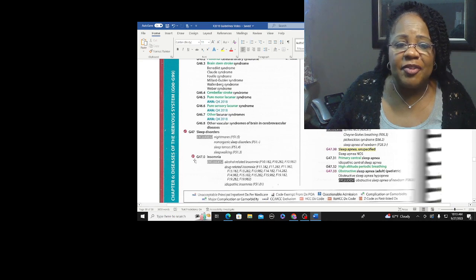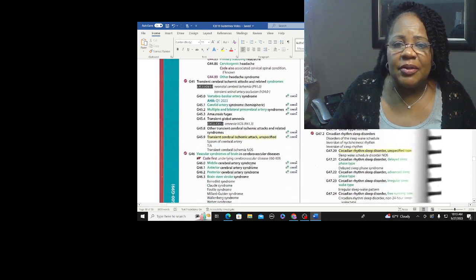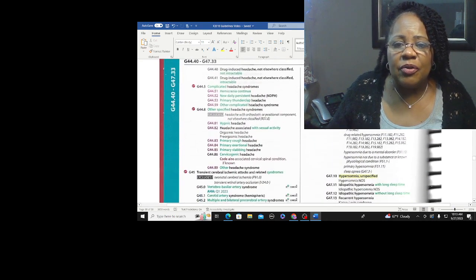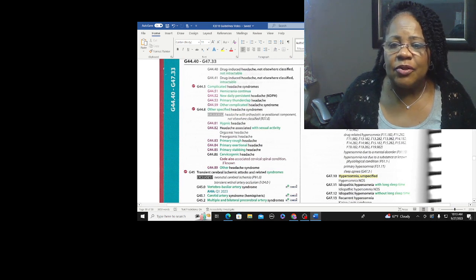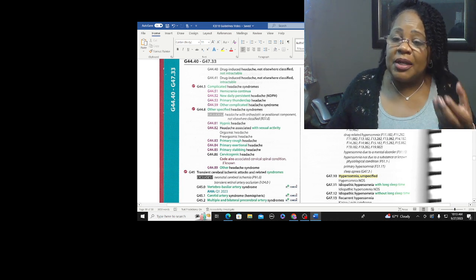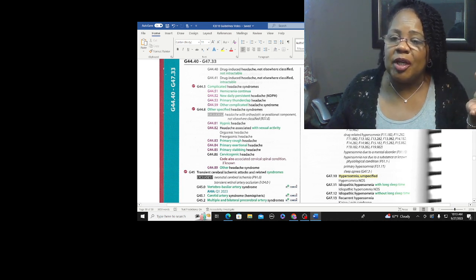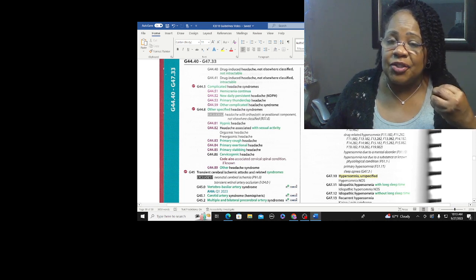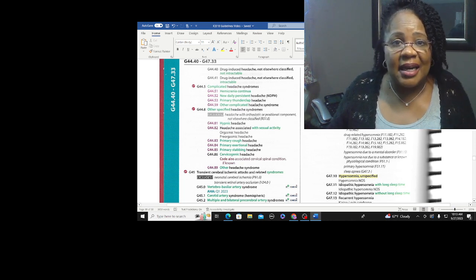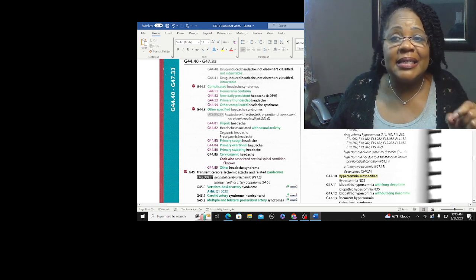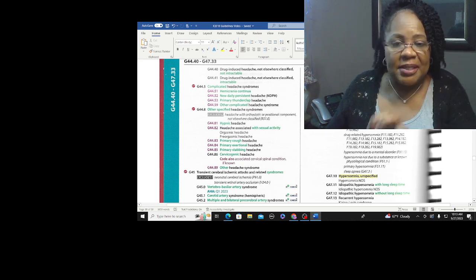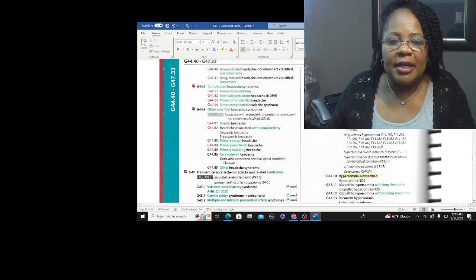It's telling me I need a 5th digit to code it. But notice at insomnia, due to a medical condition, it's telling me here, code also any associated medical conditions. So if they're coming in today for the insomnia, then that would be coded first. But if there's an underlying condition, follow the guidelines of your classification. ICD-10-CM will tell you how to appropriately code that. Here it says code also any associated medical condition.